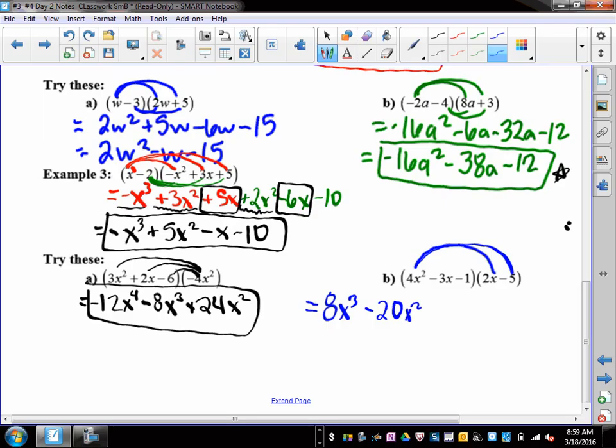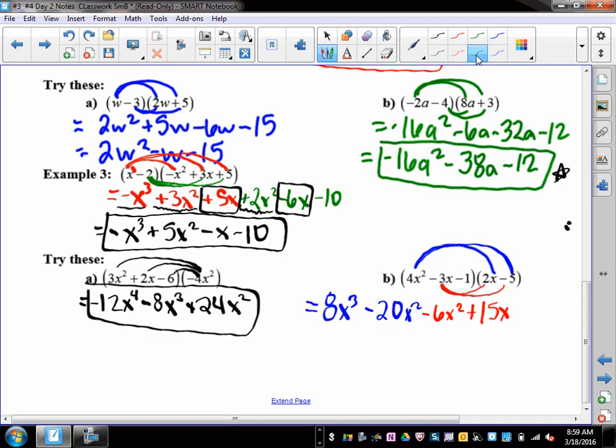Alright, we've done our first term. Now let's do our next term. Negative 3x times 2x. What's that give me? Negative 6x squared. Now negative 3x times negative 5. Good. Positive 15x. You guys are getting better with your negatives and positives.